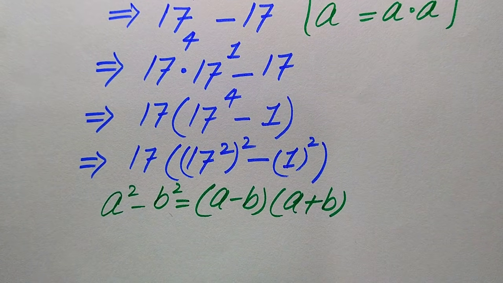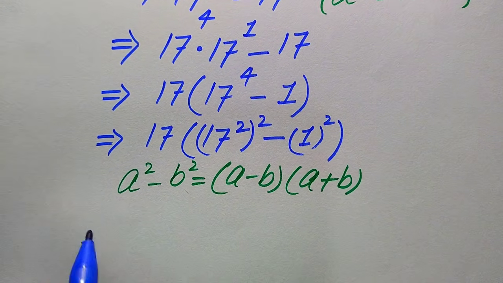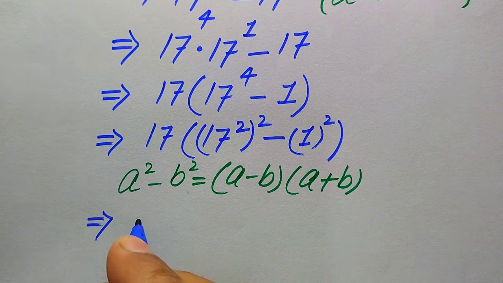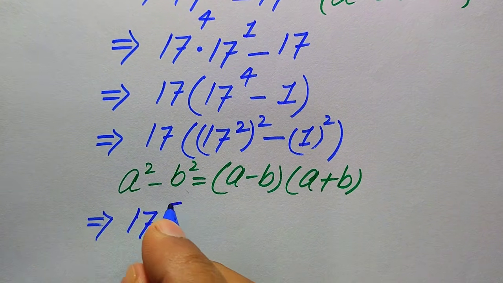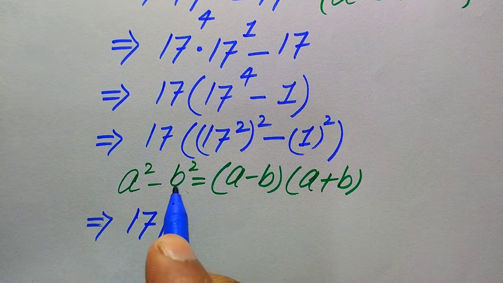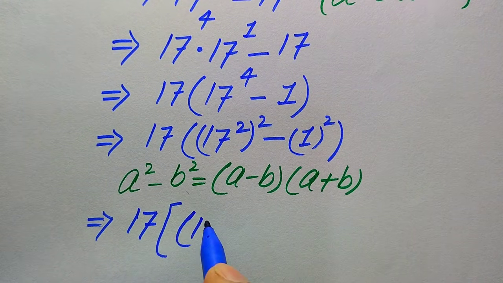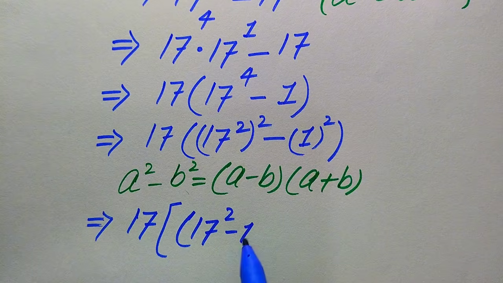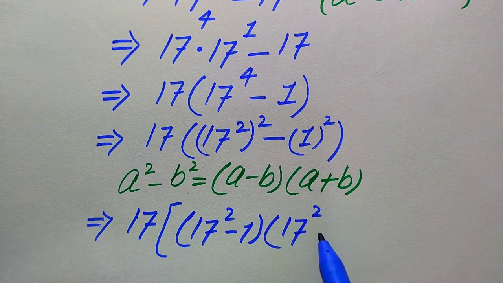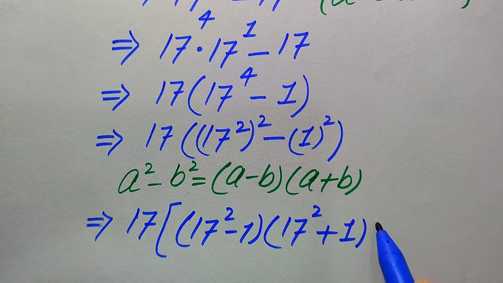So according to this formula, we write our above equation in this form. So we have 17 times 17 square minus 1 into 17 square plus 1.